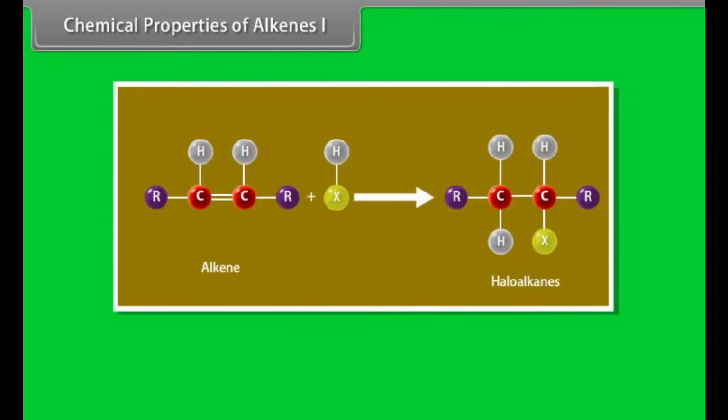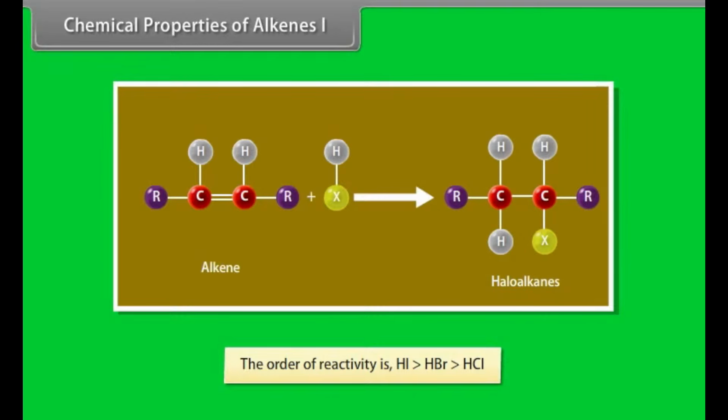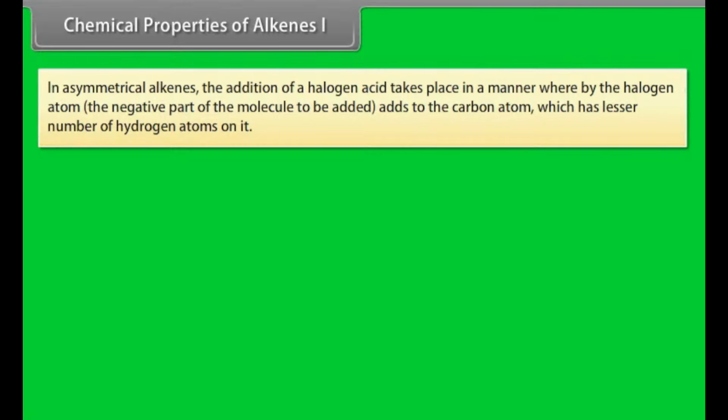Addition of halogen acids. Alkenes with concentrated aqueous solution of halogen acids give haloalkanes. The order of reactivity is HI greater than HBr greater than HCl. In asymmetrical alkenes, the addition of a halogen acid takes place in a manner whereby the halogen atom, the negative part of the molecule to be added, adds to the carbon atom which has a lesser number of hydrogen atoms on it.